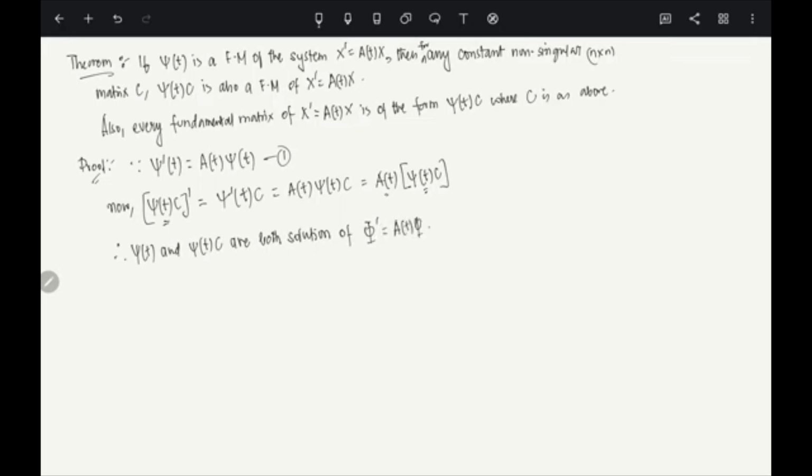Okay, so this is the matrix differential equation. Please remember, the fundamental matrices satisfy the matrix differential equation.